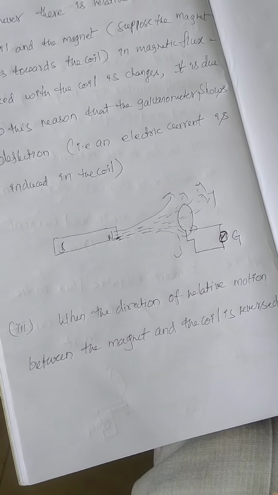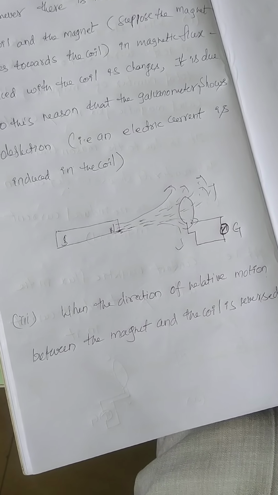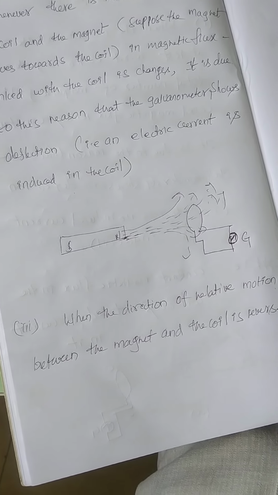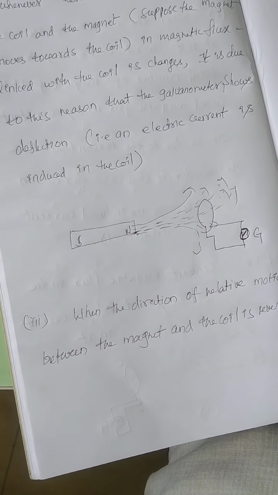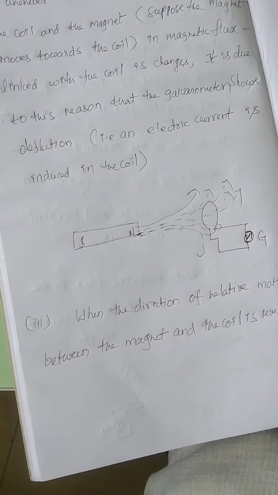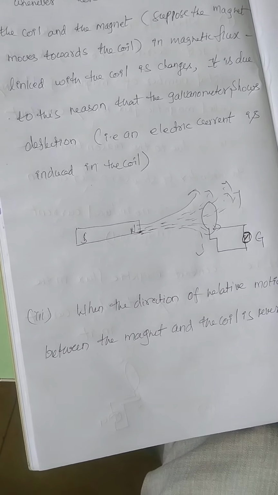The direction of relative motion between the magnet and the coil is reversed, then the direction of deflection in the galvanometer is also reversed.